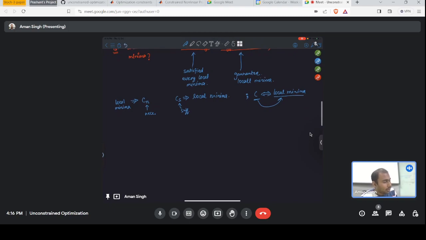It turns out that it is very difficult to find a local minima if the function f is not smooth, let's say not continuously differentiable to some level. If a function is discontinuous, then it's very difficult to analytically find a minima. But local minima of sufficiently smooth functions are easier to find.